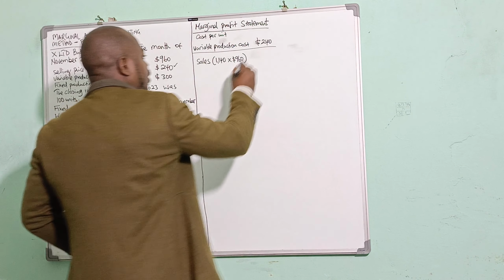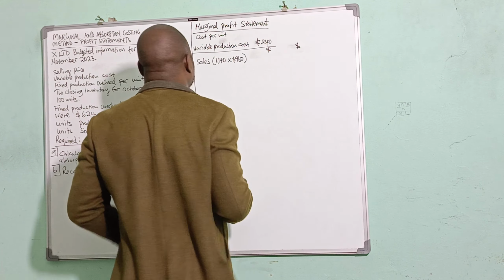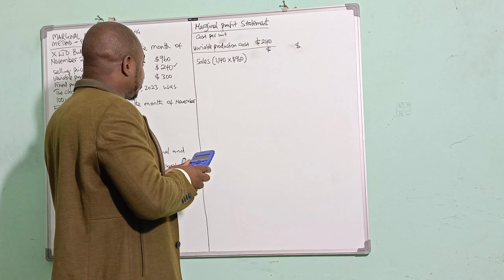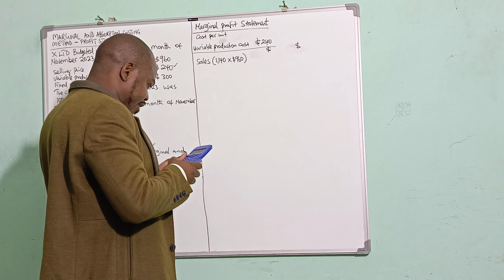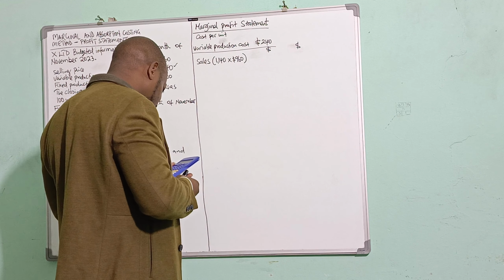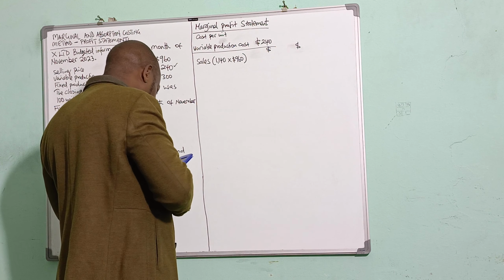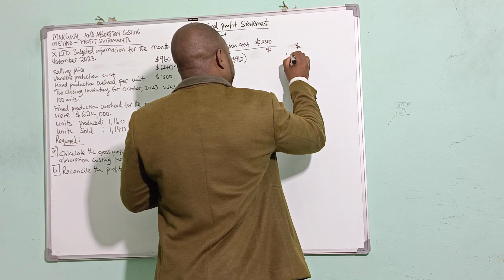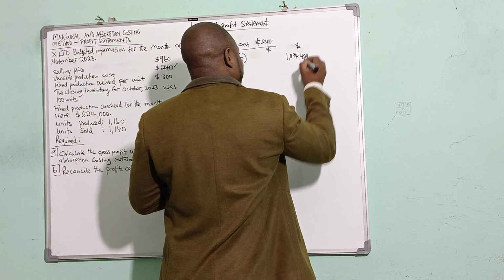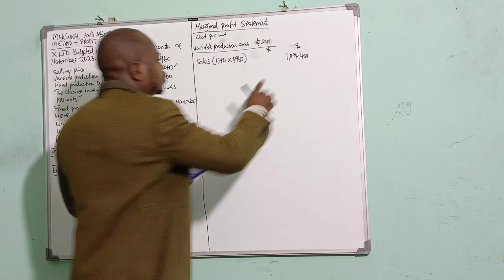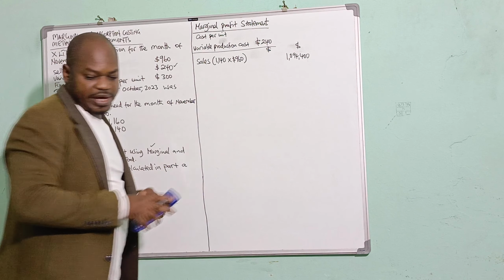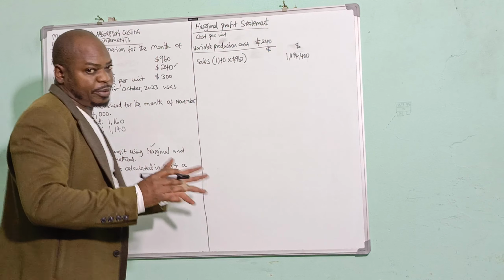This should be dollars. So 1,140 multiplied by $960, I have $1,094,400. And then we are going to prepare the profit statement the normal way.